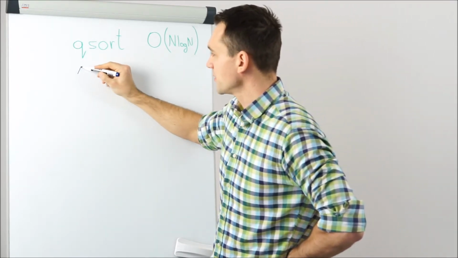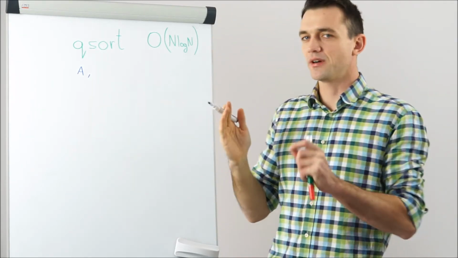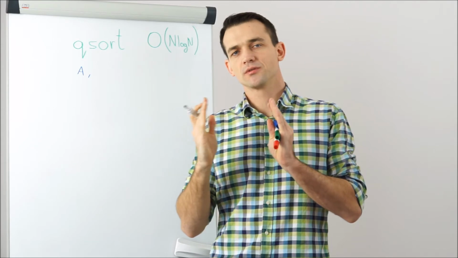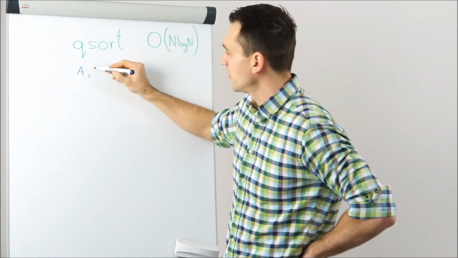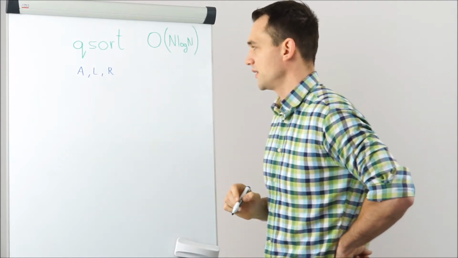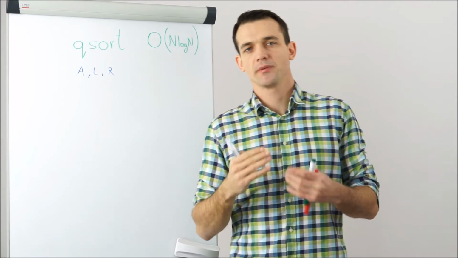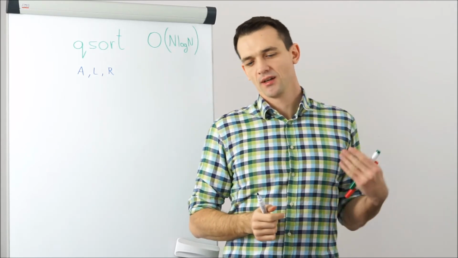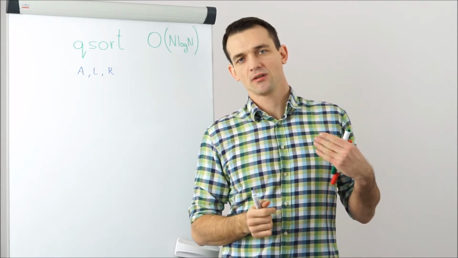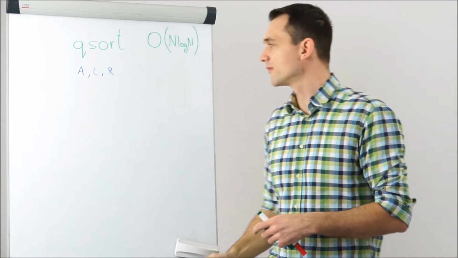So this will be, of course, an array that we would like to sort, and the boundaries within which we want to sort elements. So our left side index and our right side index. Those left and right pointers at the very beginning point to the 0 index for left, and right to the max index of the array.